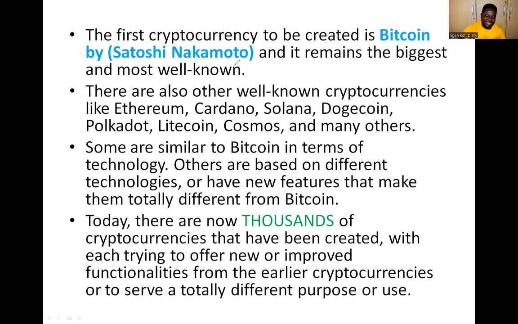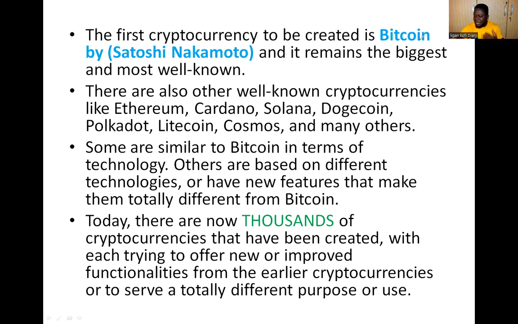I don't know if I'm even pronouncing the name well. Satoshi Nakamoto is the one who created the blueprint of Bitcoin, what we call the white paper of Bitcoin.